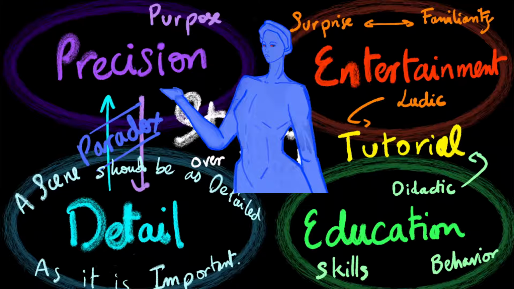A scene should be as detailed as it is important. There's a paradox between detail and the level of detail, and the aversion to precision.